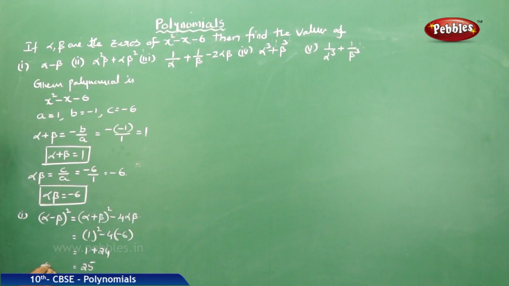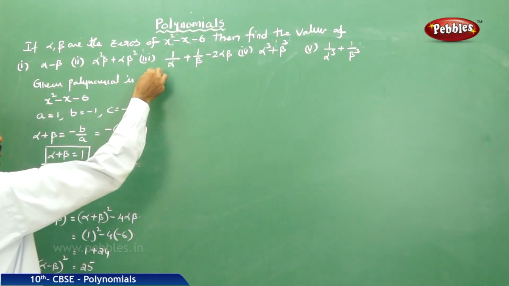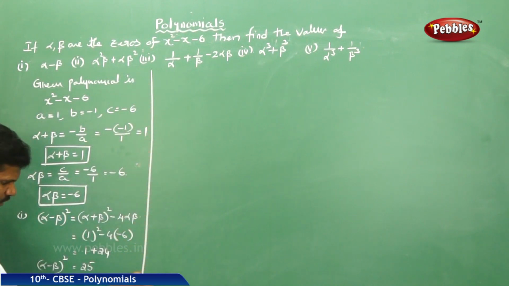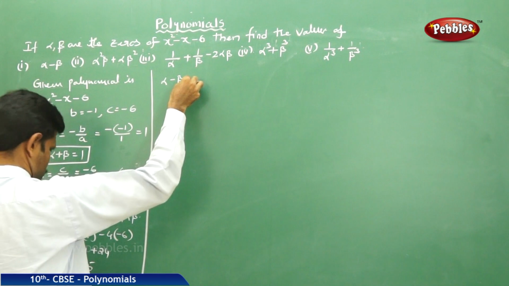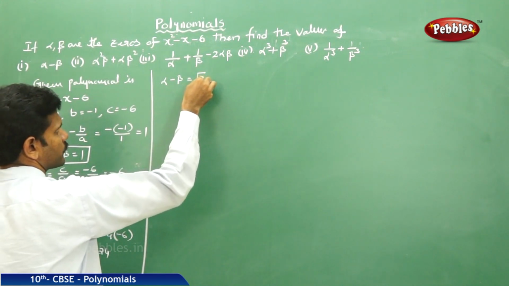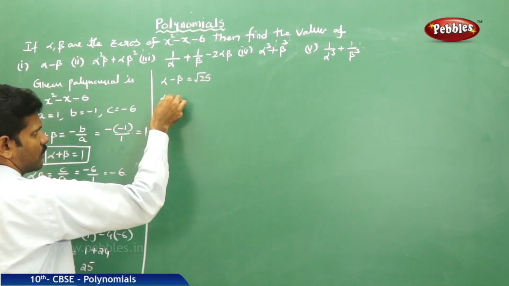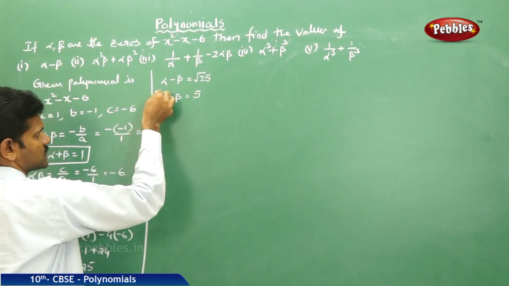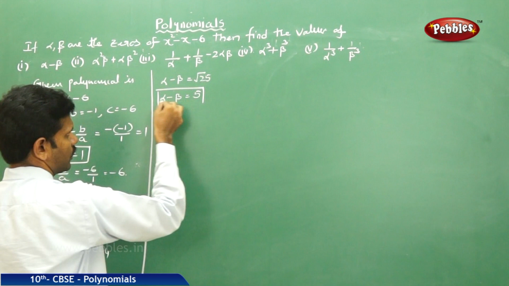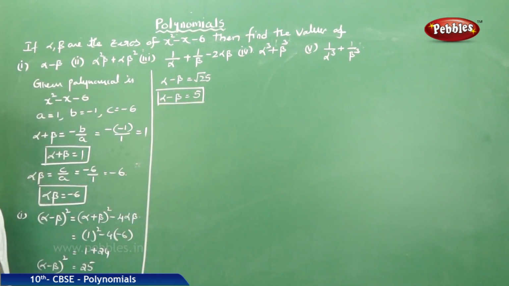That is (alpha minus beta) whole square. Now the value of (alpha minus beta) whole square is ready. Therefore alpha minus beta is equal to root 25, that is alpha minus beta is equal to 5. I am ready with the value of alpha minus beta.